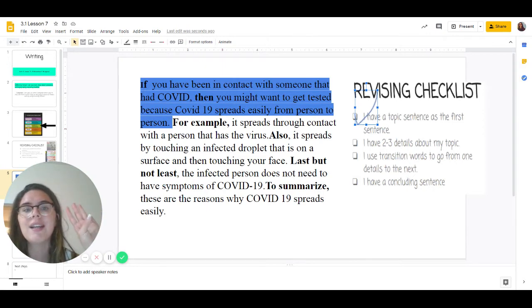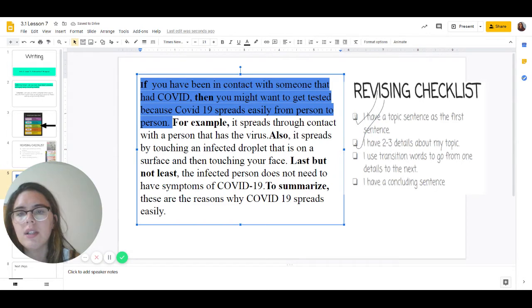That's my third detail. So I do have details and they're in the middle of the paragraph where they should be. So I'm going to put a check for that. And I'm going to highlight my details yellow so that we're clear that I have all the details.